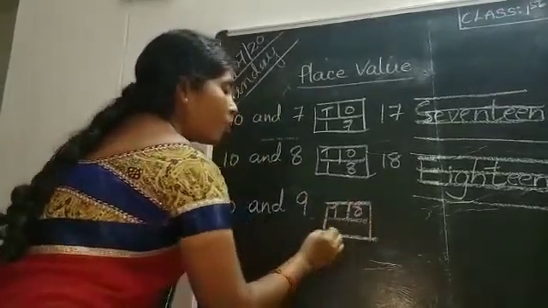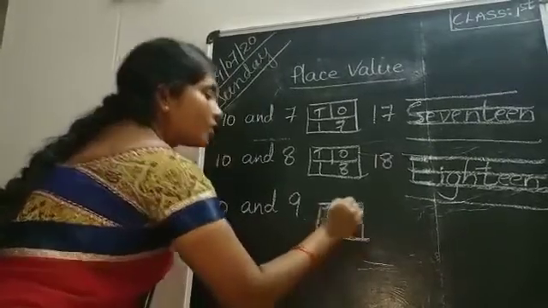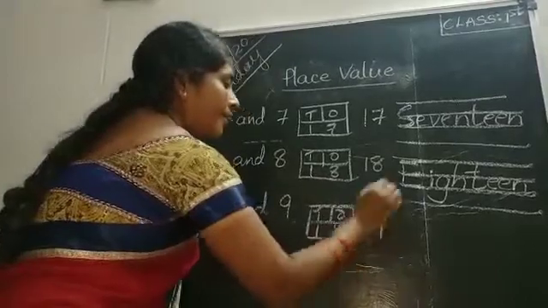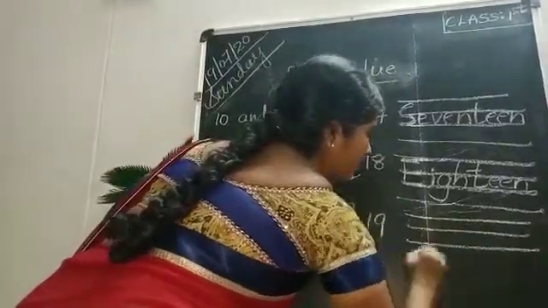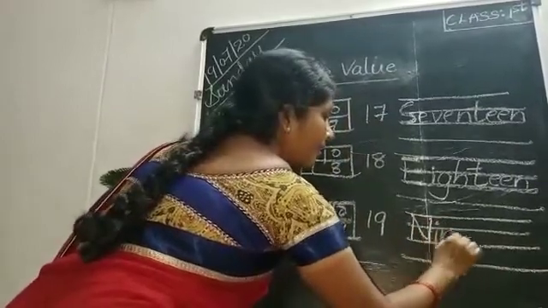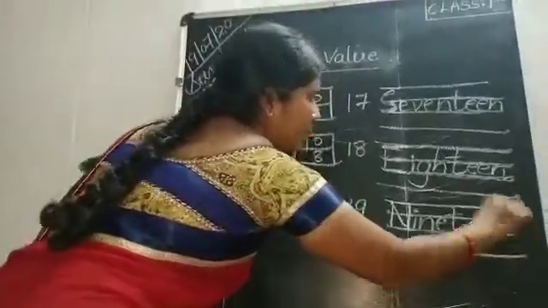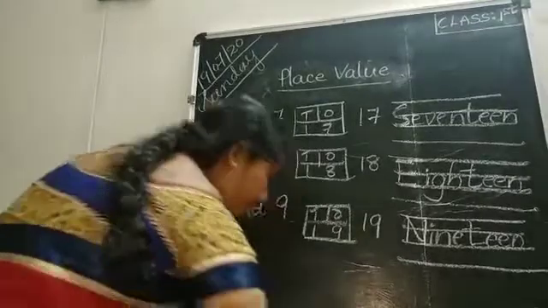Tens and ones. How many tens? 1. And ones? 9 ones. So 1 and 9, 19. NINETEEN, 19. Okay.